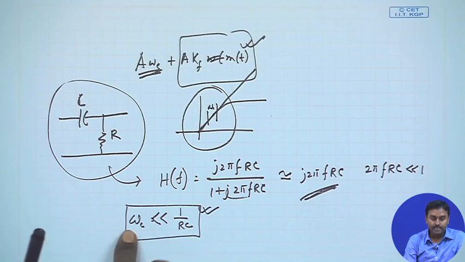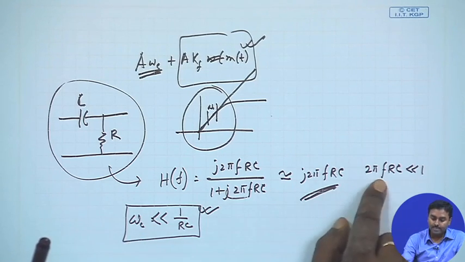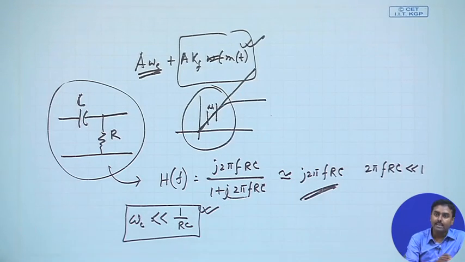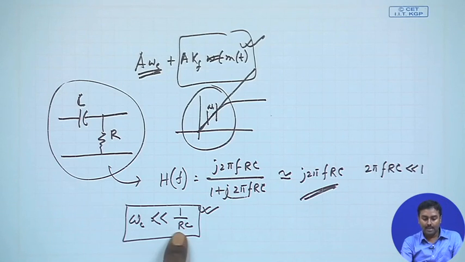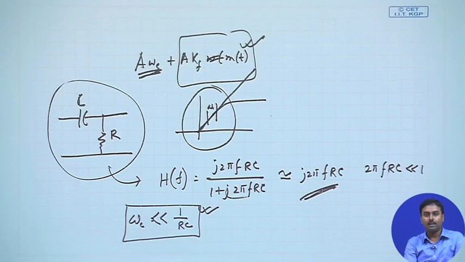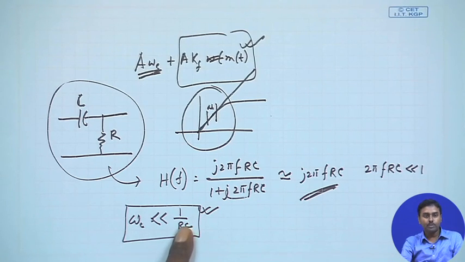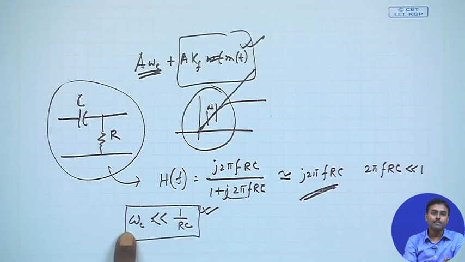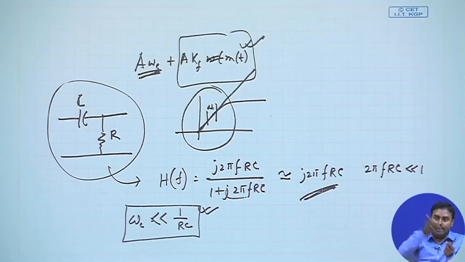If I choose it accordingly, then the omega c will be falling in this region where it looks like an ideal differentiator. So, all I will have to do is choose an RC corresponding to my omega c. Maybe I can fix C and then try to find out what should be my R, and find an RC value which is much bigger than this omega c. Then I know that around that omega c it remains linear.